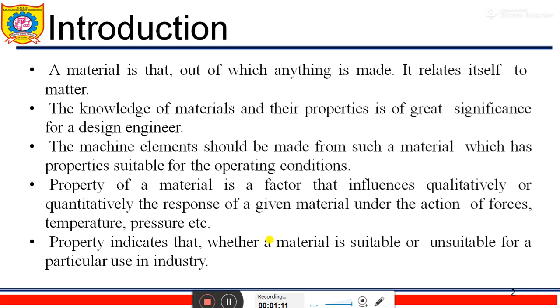The knowledge of materials and their properties is of very much importance for a design engineer, because selection of a material provides design flexibility for an engineer. Selection of material is very important.